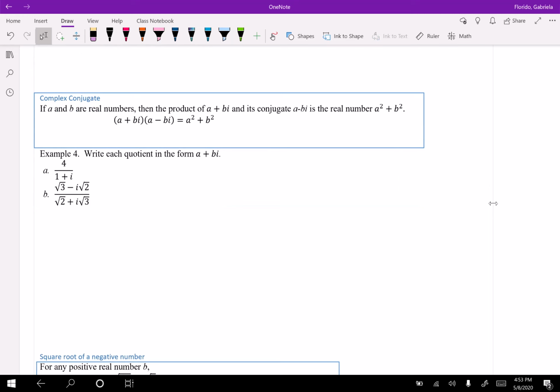And so if you multiply a plus bi and its conjugate, you end up with a number that doesn't have i in it. So we're going to have a squared plus just b squared. So we end up with just a real number.